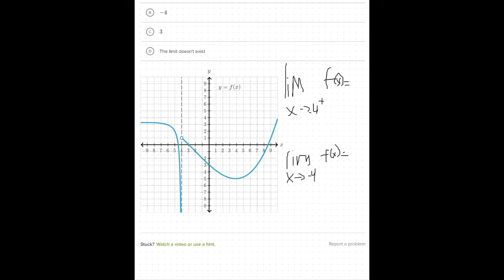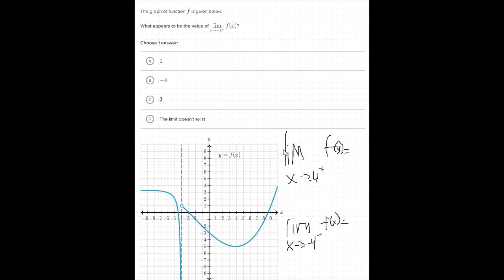And as x approaches -4 from values that are less than, or from the left, you think about subtraction, lesser, and you just write a minus sign. That's how it goes, pretty simple.